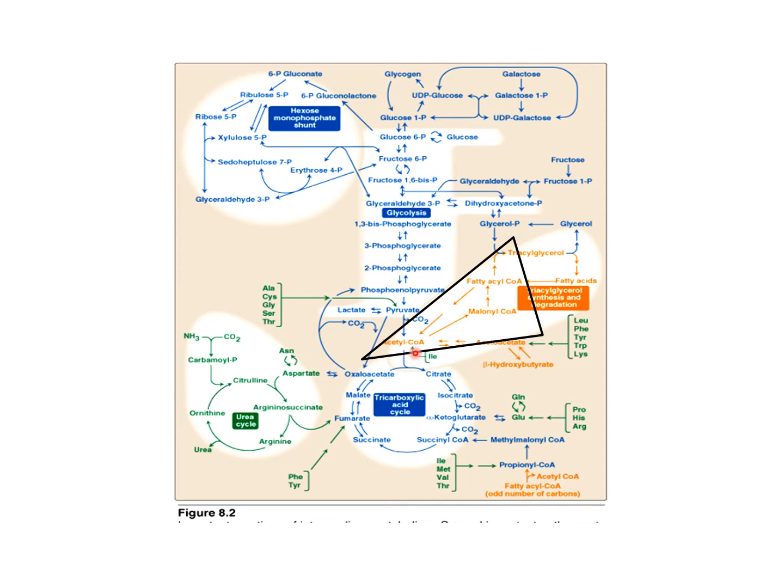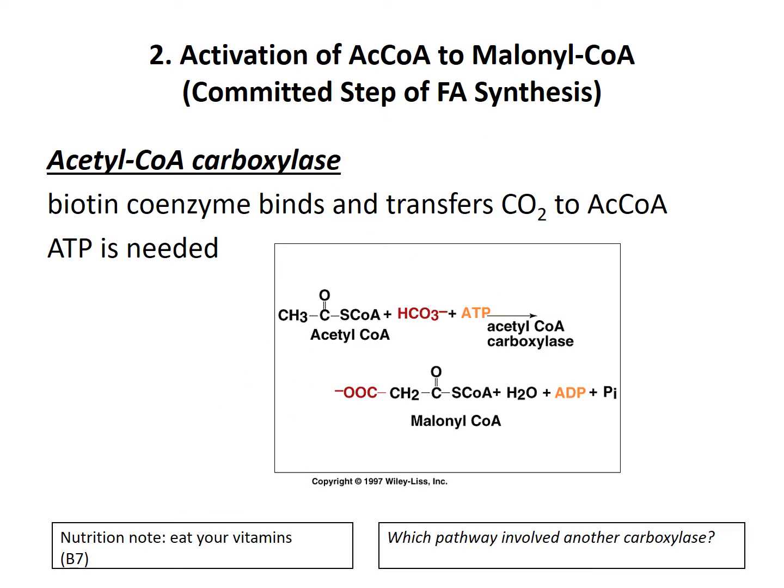Here is glucose. Glucose is going to pyruvate, goes to the mitochondria, produces acetyl coenzyme A, and this acetyl coenzyme A needs to go out to the cytosol for malonyl coenzyme A, to produce the fatty acids, which can then be further modified to triglycerides.